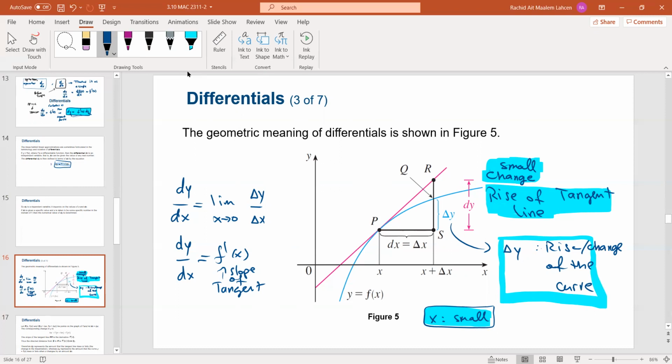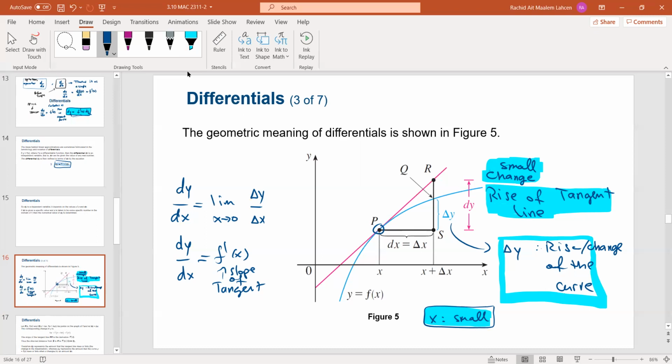When we used dy dx, we took the limit because we wanted delta x to approach 0, because we want to zoom in at that point, right? So now that we are interested in the differential y, it's still the same thing.